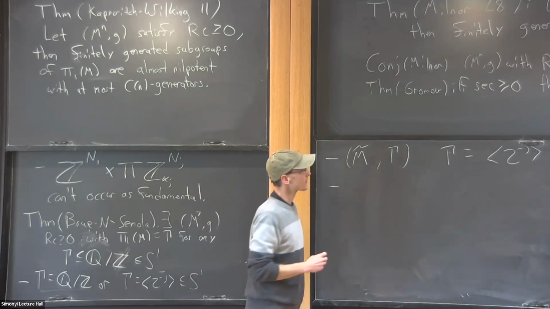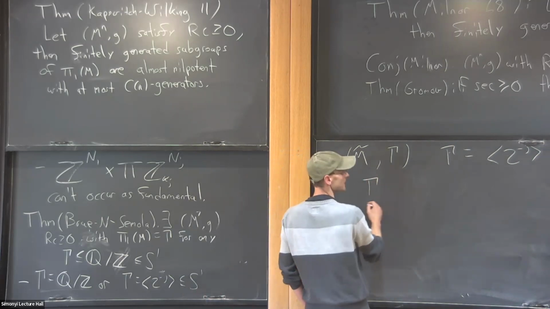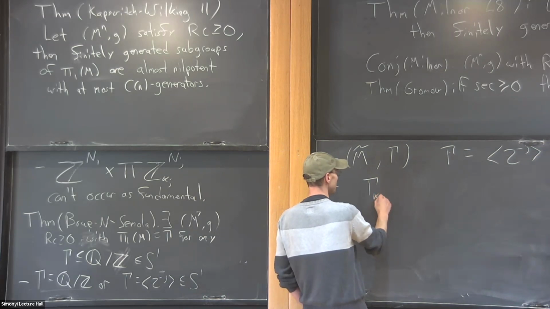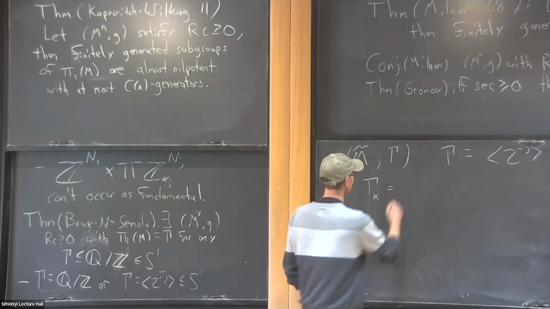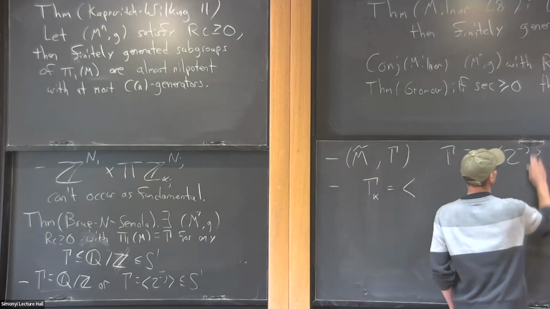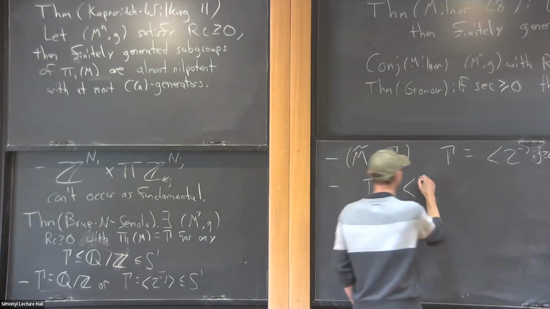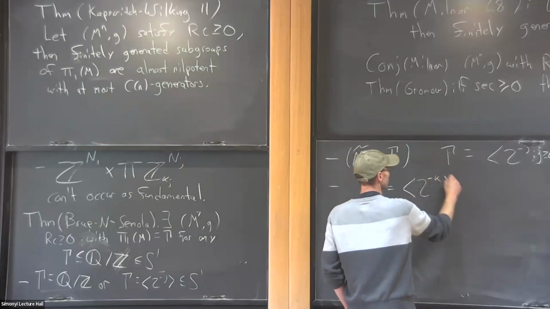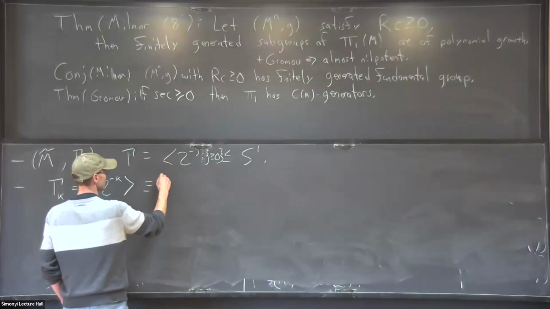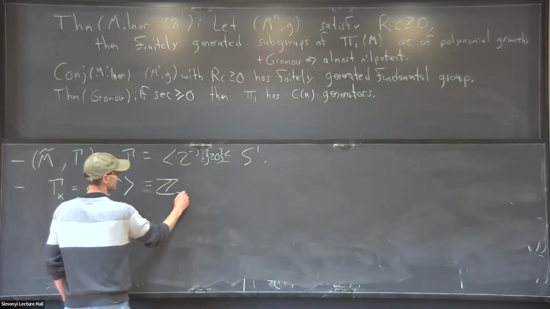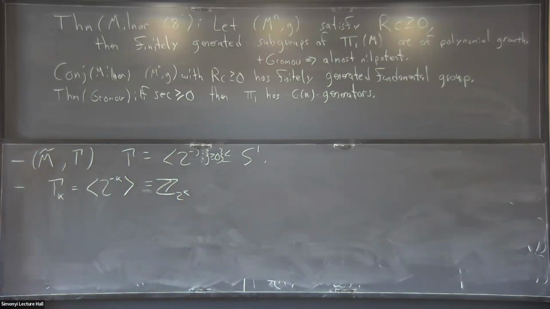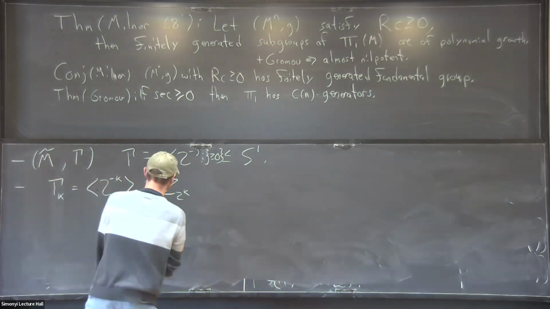And just to keep it in the back of our heads, I'm going to let gamma sub k be the finite subgroups of this guy, which come from looking at fractions whose denominators are 2 to the k or less.